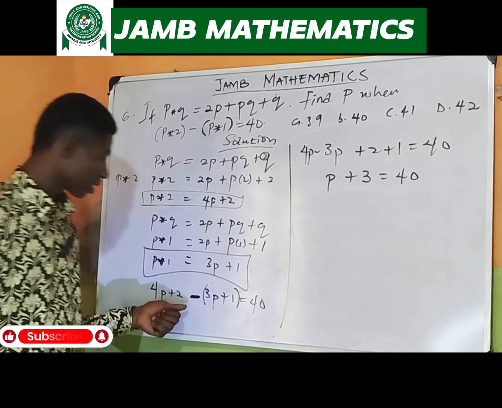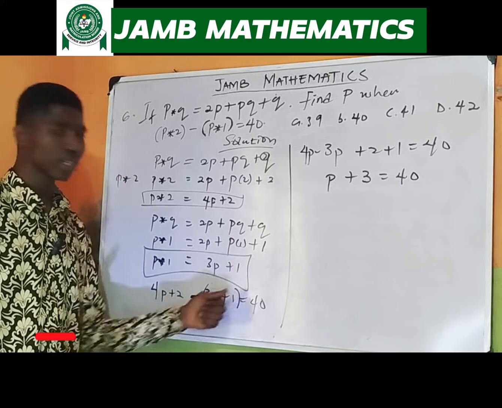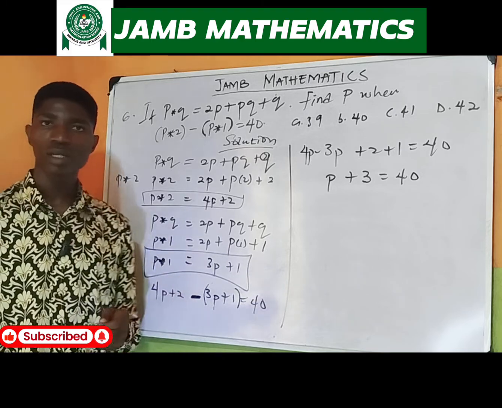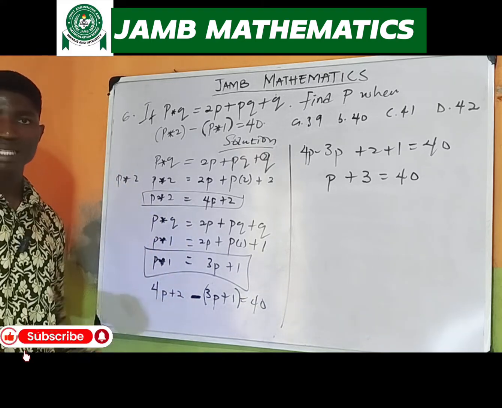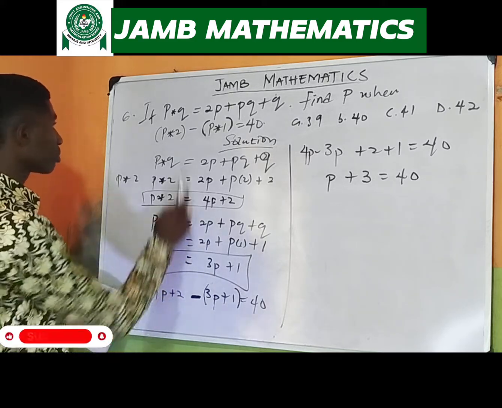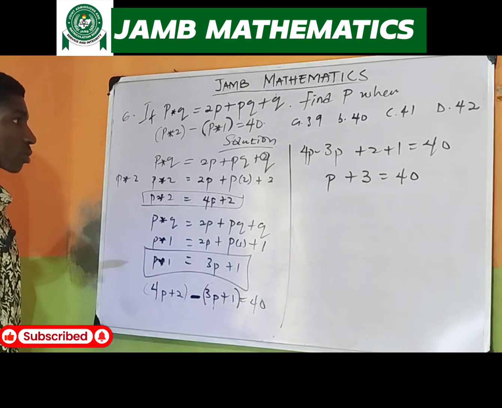This bracket means the sign here is affecting everything in it. But in the absence of the bracket, only minus 3P is affected by the negative sign. Hence, everything must be written in this format to avoid errors.